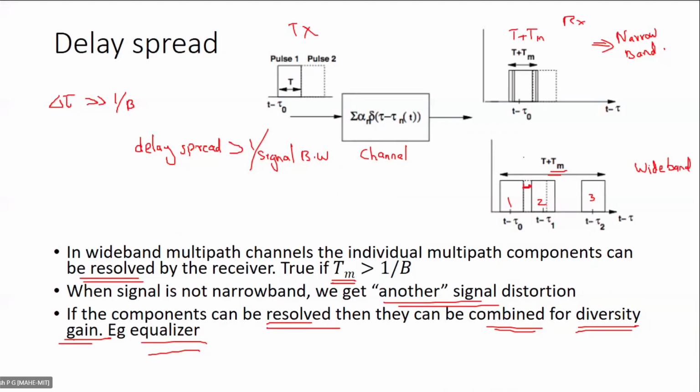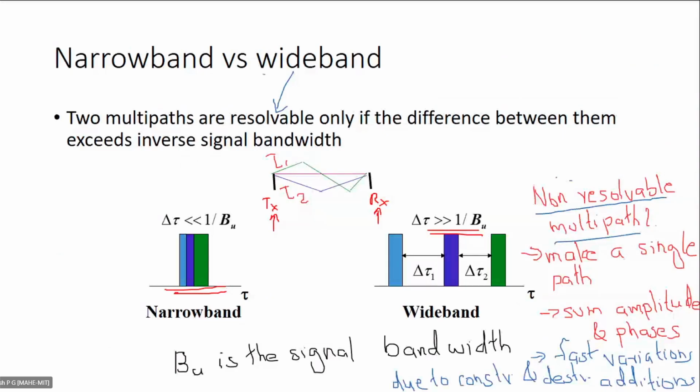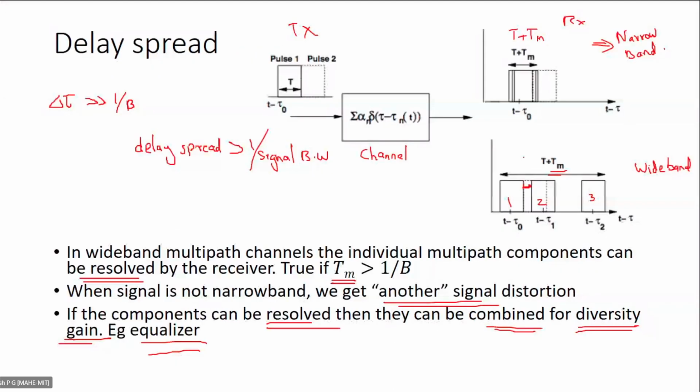Now we'll see some terms. The first term is delay spread. We have seen this in the previous slides also, but we'll be revisiting it. We had narrowband channels where multiple components are kept together, and similarly we had multiple components kept apart. The same diagram is shown here.